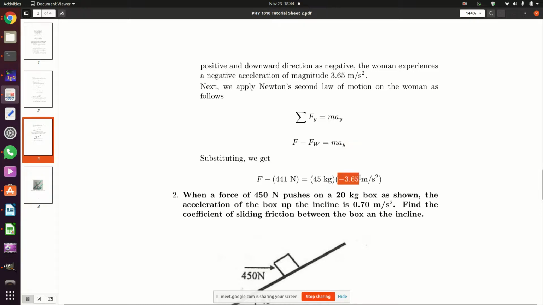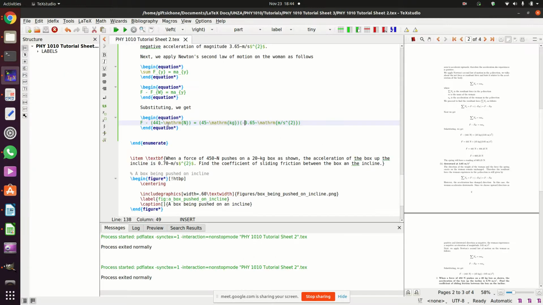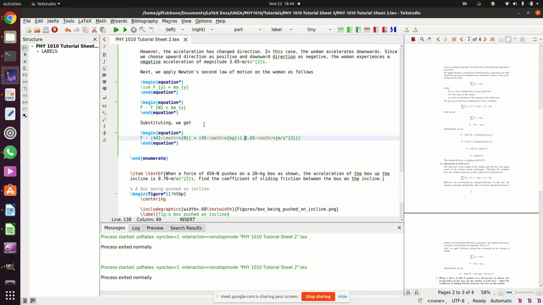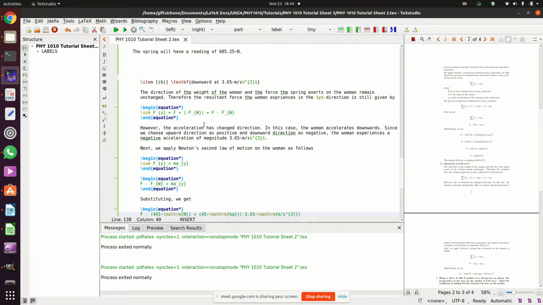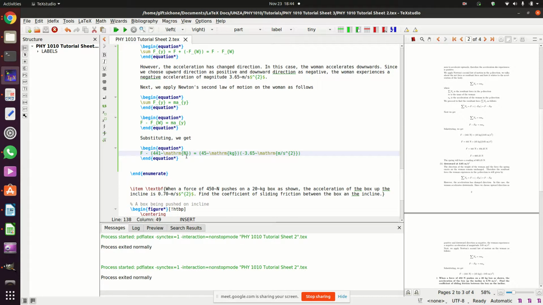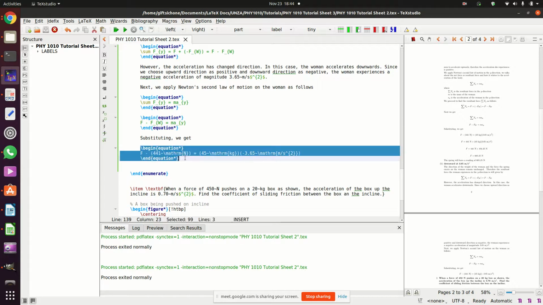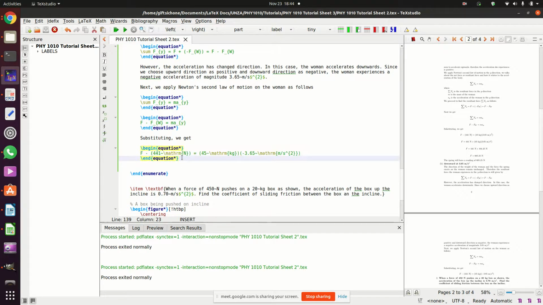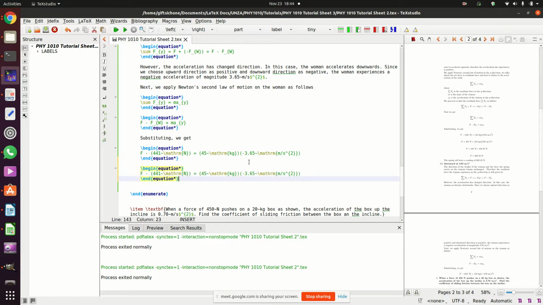Now it's negative. There. So that bit, you multiply 45 times that, what do you get? What did we get previously? How much do you get? 45 times minus 3.65.